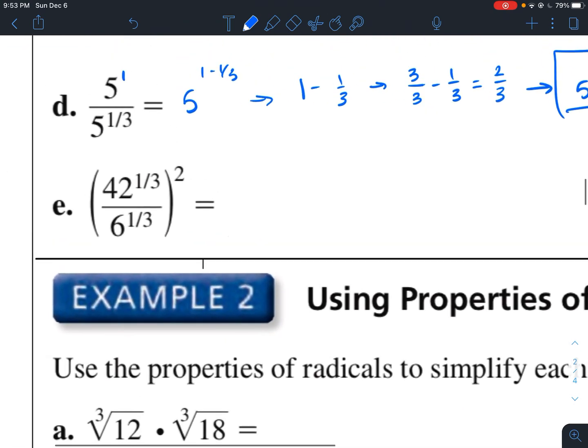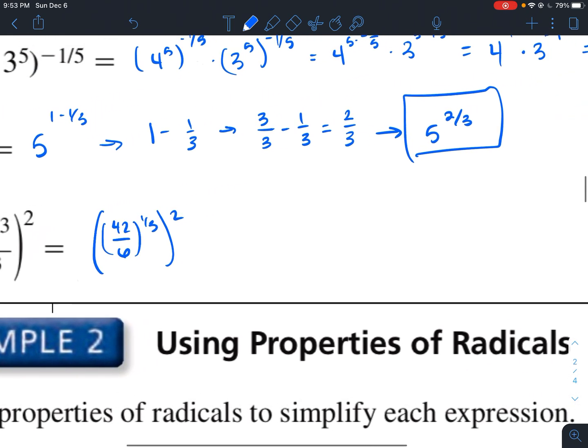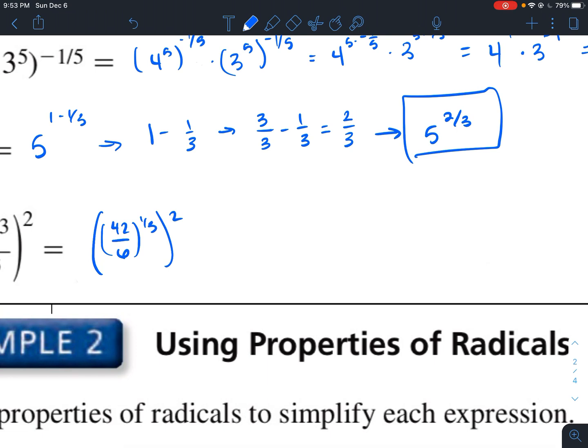So I can rewrite this to be 42 divided by 6 to the 1/3 power, and that's being squared. So now there's two things I can do. First, I can perform 42 divided by 6, which would be 7. And then I can multiply this 2 and this 1/3, because that's a power to a power.